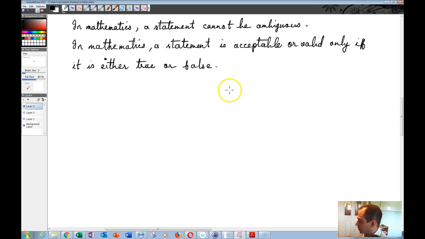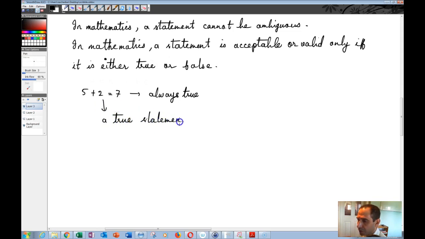So for example, if you write 5 plus 2 is equal to 7, this is a statement, and this is always true. You call this a true statement. And 5 plus 3 is equal to 7, for example, that is always false.